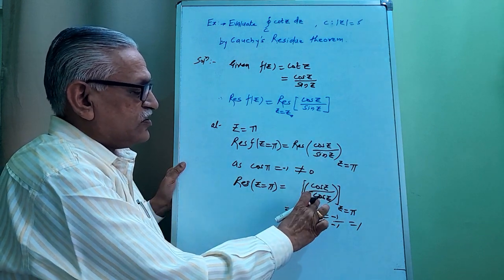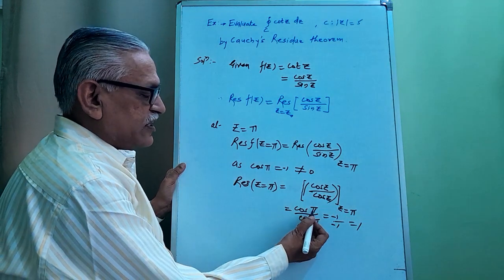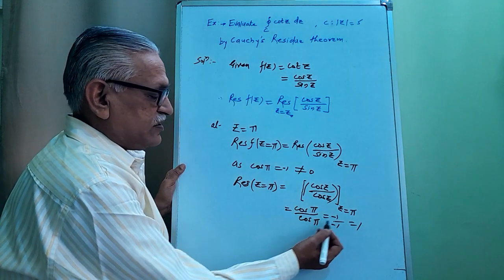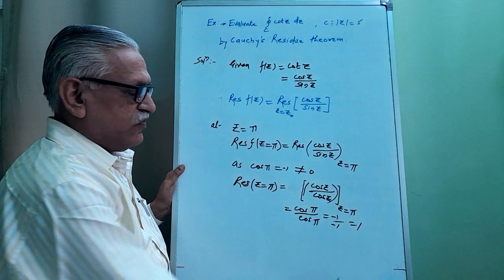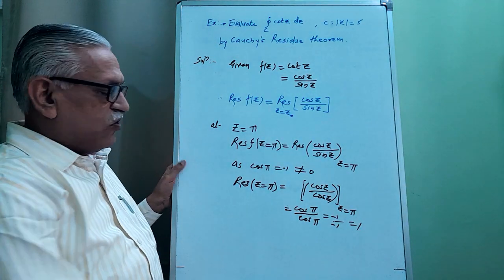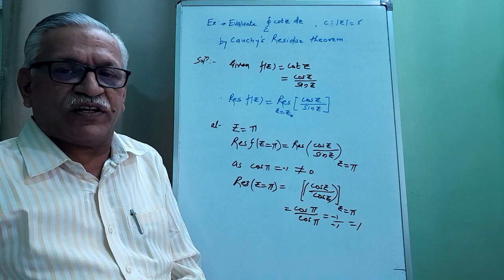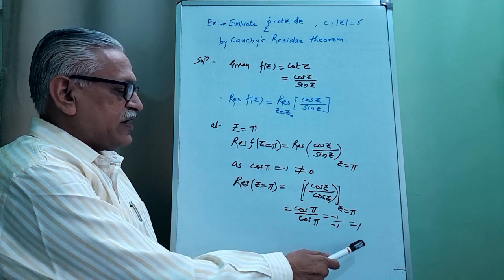The derivative of sin z is cos z at z is equal to pi. Substituting z as pi, we get cos pi upon cos pi. The value of cos pi is minus 1, and again the value of cos pi is minus 1. Minus minus get cancelled and we get that value as 1. Or we can cancel cos pi directly and get the value as 1. Therefore, the second residue at the point z is equal to pi is 1.